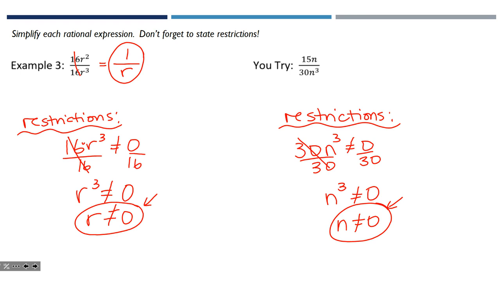And then if I look back at the original problem, 15 over 30, 15 goes into both 15 and 30. So it goes into 15 once and 30 twice. So I'm going to start with 1 over 2. And then let's look at the n's. N over n cubed, well, 3 minus 1 is 2, but the n to the second stays on the denominator. So my final answer, and I can write this a little bit nicer if I wanted to, is 1 over 2n squared.